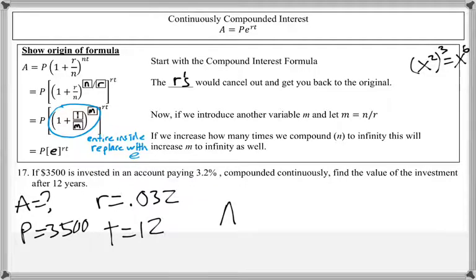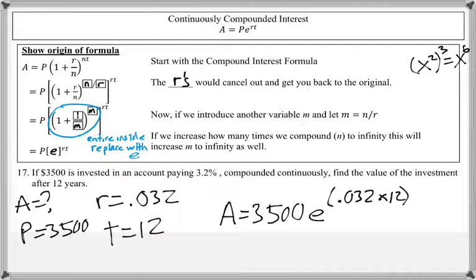So my formula is 3,500 times E raised to the 0.032 times 12. So I'm using my new formula. And we get 5,138 and 51 cents.